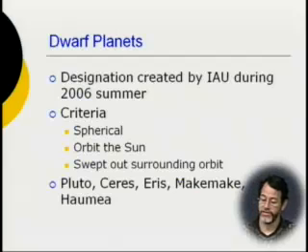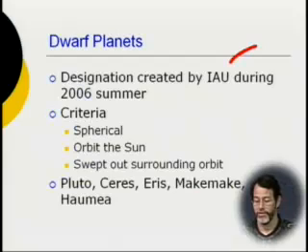The International Astronomical Union, a group of astronomers, which may or may not have this power, has decided to create a category called dwarf planets because people weren't happy with Pluto. And things were being discovered that were like Pluto, and so there were some problems. What do you do? Do you make these new things being discovered planets like Pluto is, or do you demote Pluto?